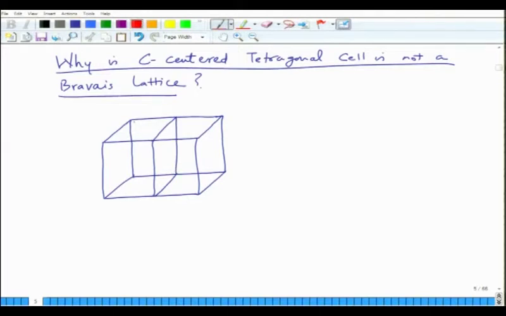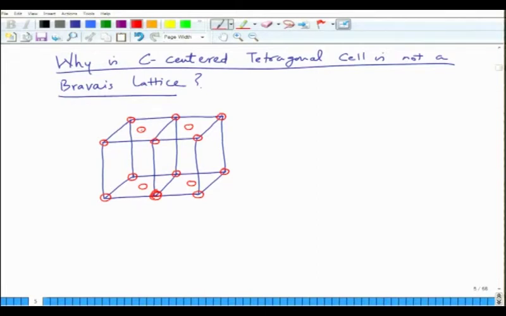Now, if I put the atoms here, 1, 2, 3, 4, 5, 7. So, these are the atoms I have put, and C centered would mean that I can put an atom here, an atom here, the atom here. So, can you tell me the answer?